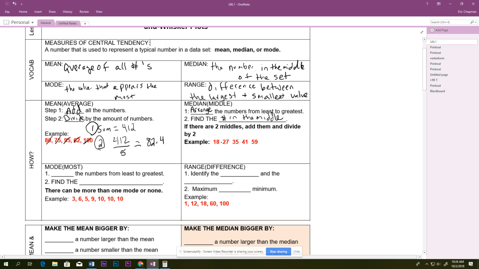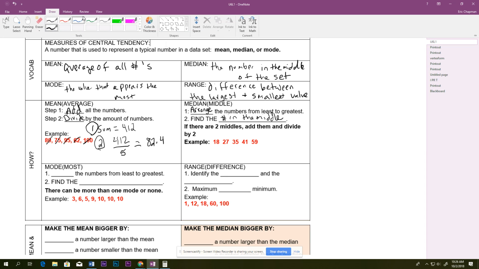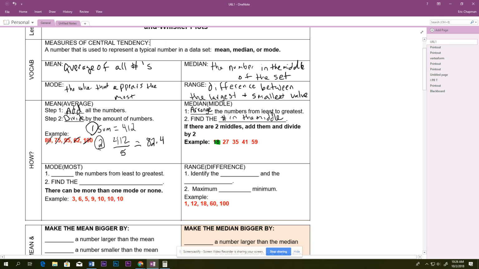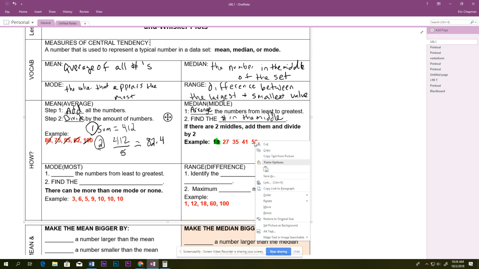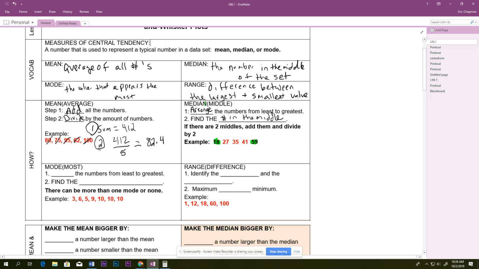So how do we find the number in the middle? I'm going to start. 18 and 59 are at the ends. And then we got 27 and 41 next. And that means that 35 is in the middle. So this means that the median equals 35.